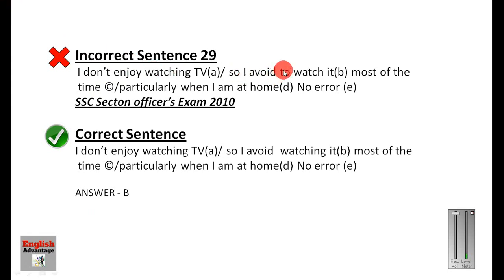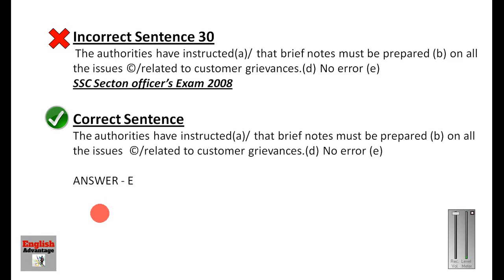So this is the wrong part. So I do not enjoy watching TV, so I avoid watching. This should be watching. So this is the problematic part, and the answer should be B. Avoid watching. So there are certain verbs which are followed by the ing form of the verb. Now let us see the next question.